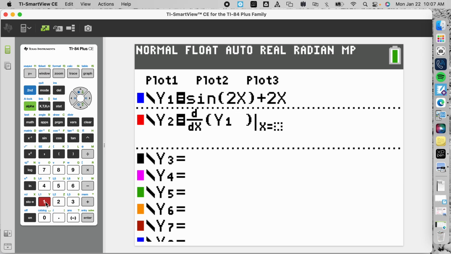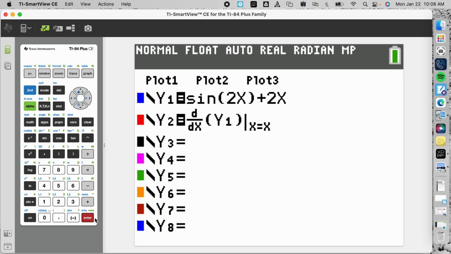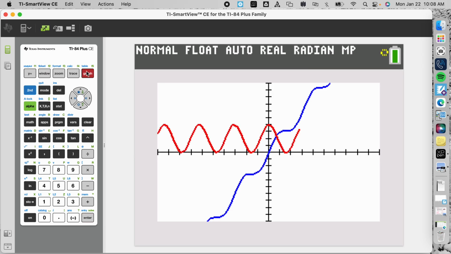So you can either tell it Y1, or you could have just typed sine of 2x plus 2x again, whichever is quicker for you. And then we say at every x value. And then this is where it'll go super slow. If you knew how to find the derivative and did it on your own, it would graph at normal speed. I already forgot the x values that it wanted. Oh wow, that went faster than I thought.